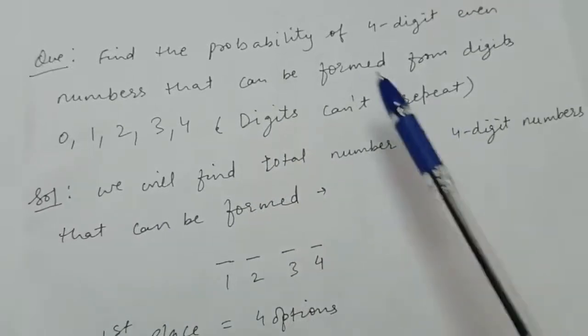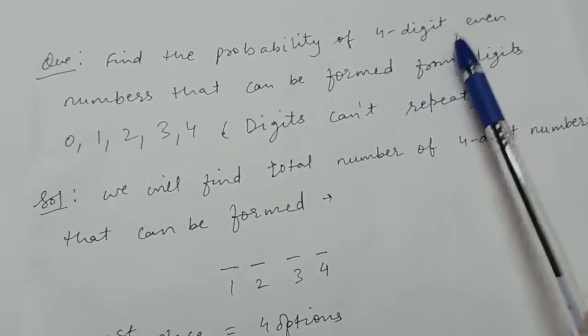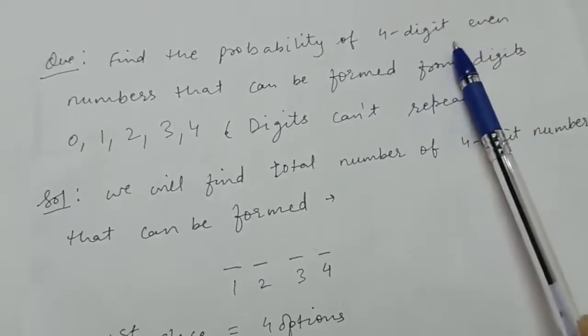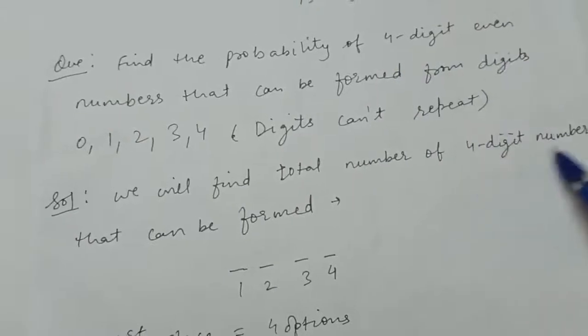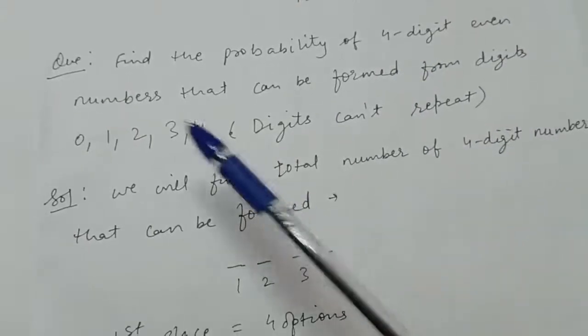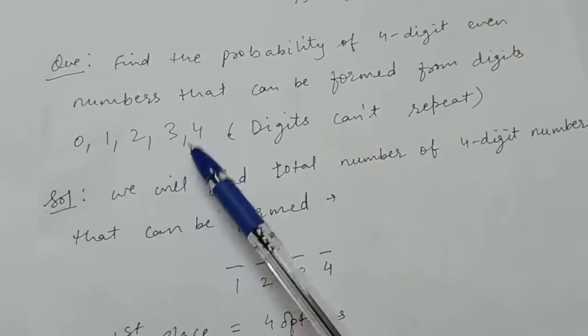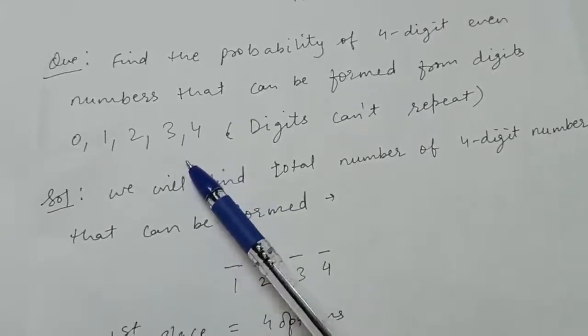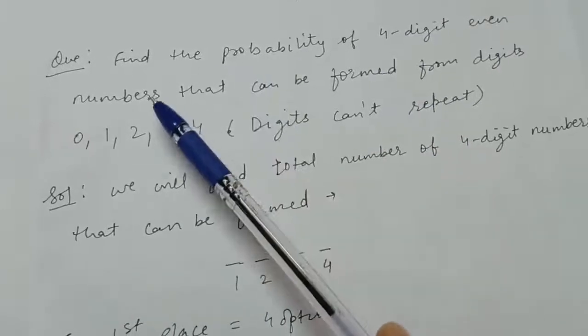So see, we have to find the probability of 4-digit even numbers. First of all, we will find the total number of 4-digit numbers which can be formed from these digits, right? That will be total outcomes. Then we will find the favorable outcomes, which is 4-digit even numbers.